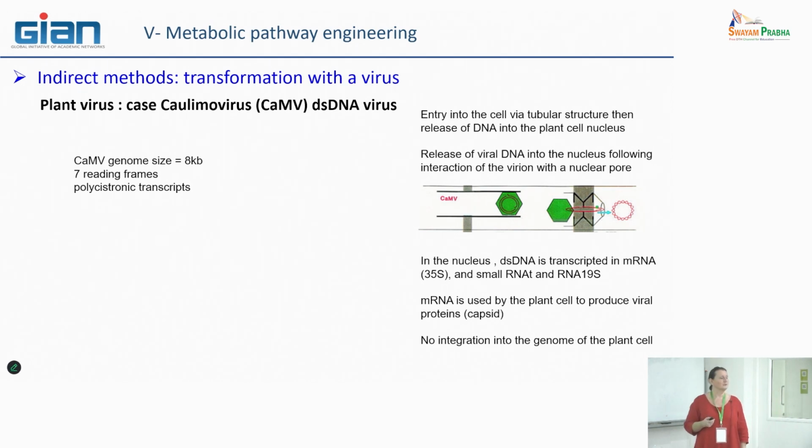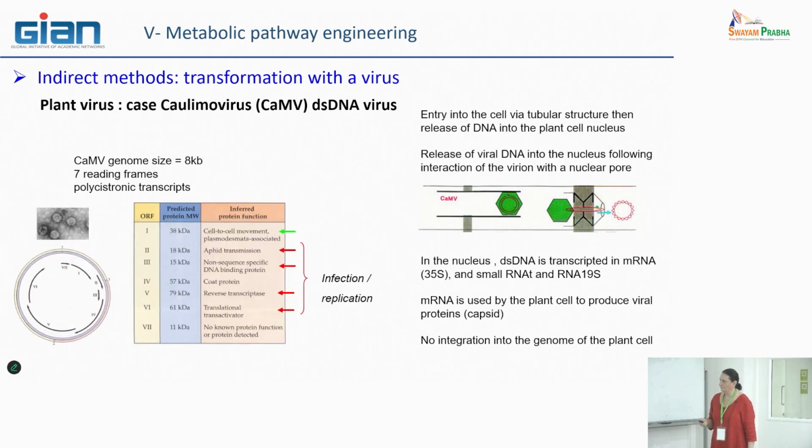If we want to integrate this particular genome, we have to combine what we know now of the Ti plasmid from Agrobacterium, for example, and also the sequence of virus genomes. So I will show you that.